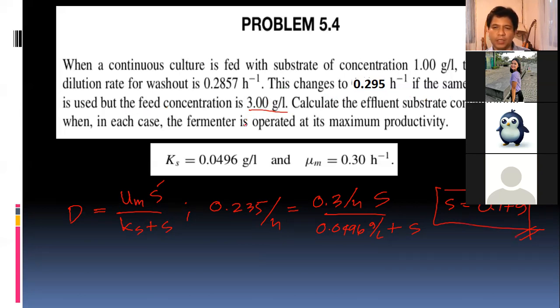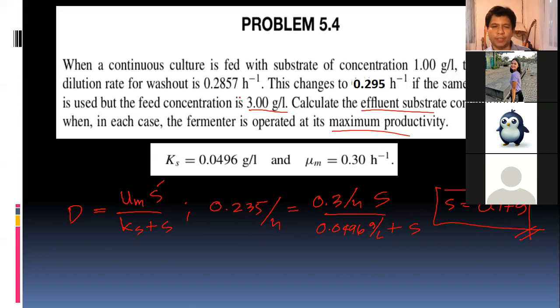So if the S sub O, or the initial substrate concentration, is 3.0 grams per liter, you need to calculate the effluent substrate concentration if you're going to operate at maximum productivity. So get a piece of paper and try to solve the new effluent substrate concentration.